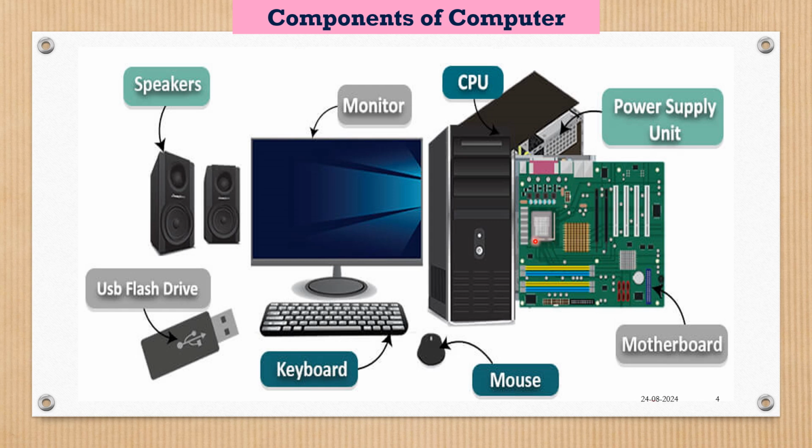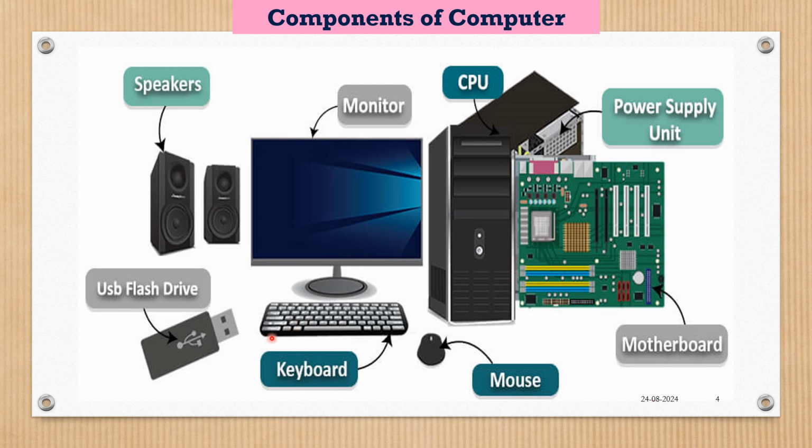The motherboard contains the processor, cores, and different types of memory like registers, cache memory, RAM, the RAM slots, and various ports like USB ports. And this is the mouse that is used as an input device.